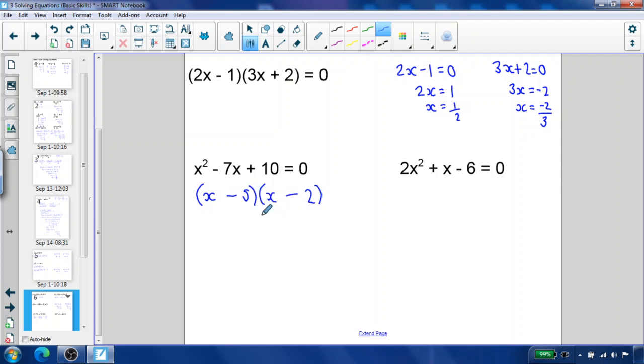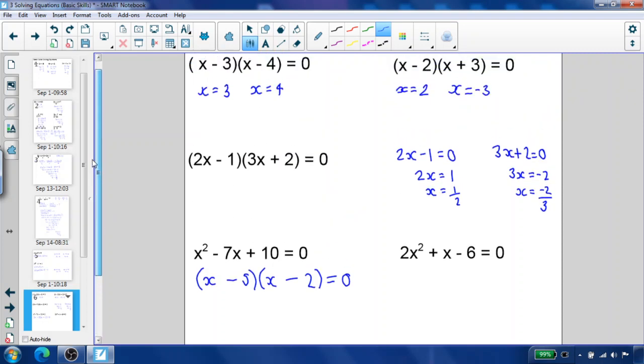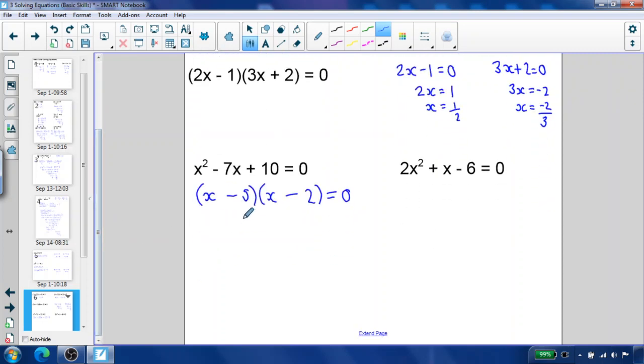And we'll still get a positive 10, because minus 5 multiplied by minus 2 is 10. So let's equal it to 0, and then we're back to something similar above. So again, x must equal 5 for that bracket to be 0. 5 minus 5 is 0. And x must equal 2 for this bracket to be 0. 2 minus 2 is 0. Let's do this one.